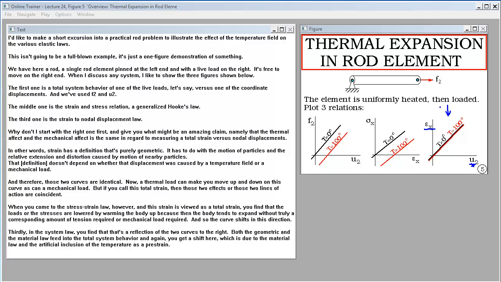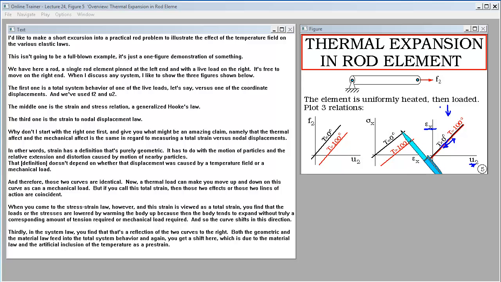That doesn't depend on whether that displacement was caused by a temperature field or a mechanical load. And therefore, those two curves are identical. Now, a thermal load can make you move up and down on this curve, as can a mechanical load. But if you call this total strain, then those two lines of action are coincident.